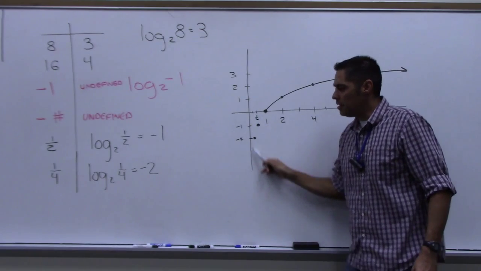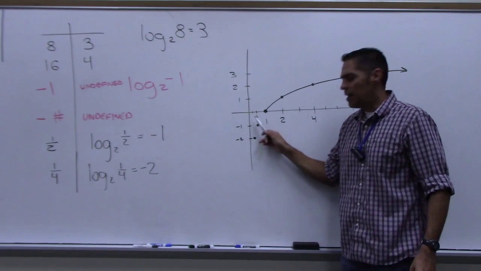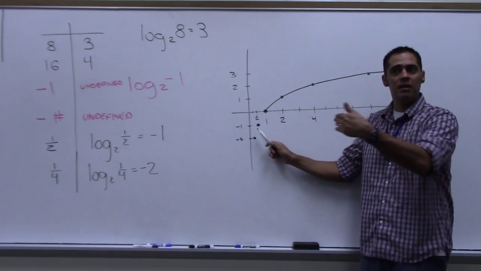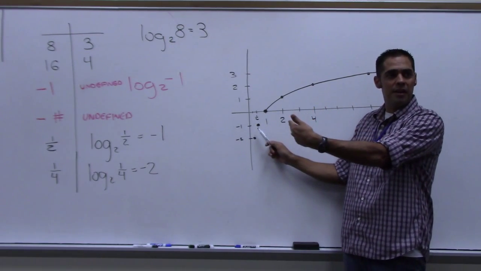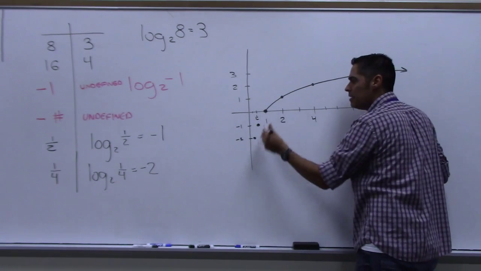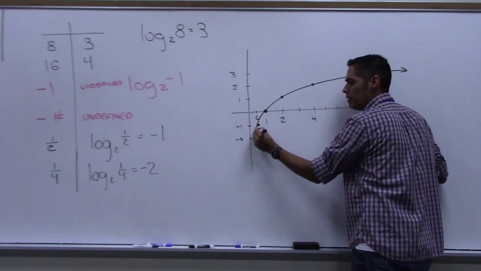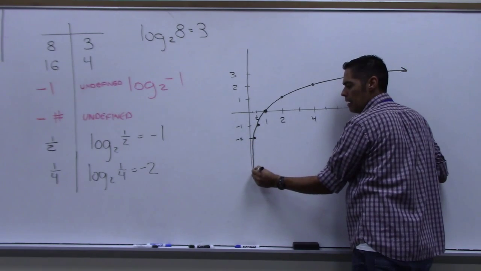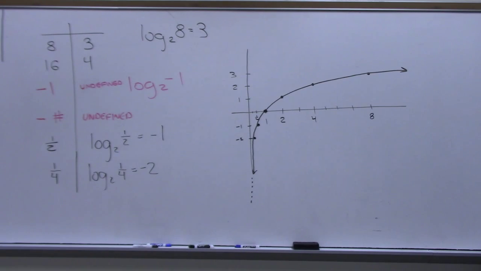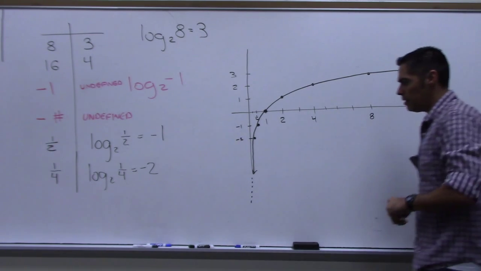If I went to 1/16, down even further. 1/32, down even further. 1/64, down even further. And can I just keep on getting closer and closer without ever actually getting there? I could, right? And so what's happening is it's diving down like this. And so what I have now is a vertical asymptote. You all see it? Okay.